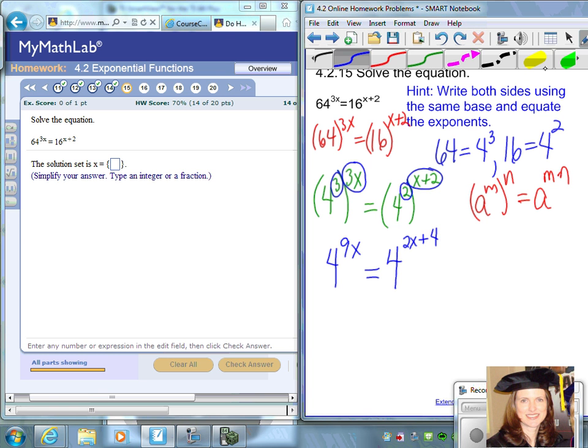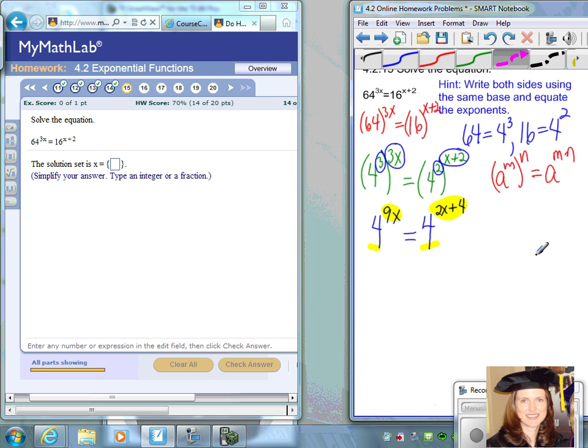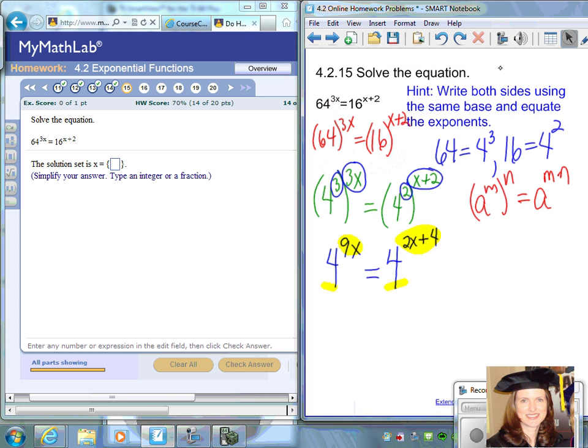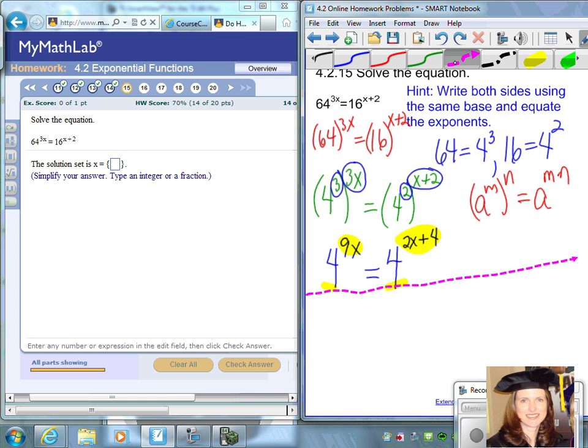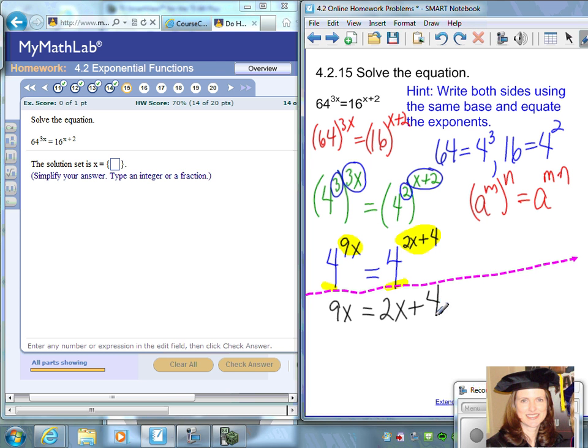Now you have an equation where the left base is equal to the right base. So you're going to set the exponent on the left equal to the exponent on the right. It's like we're going to drop those bases and set the exponent on the left, 9x, equal to the exponent on the right, 2x plus 4.